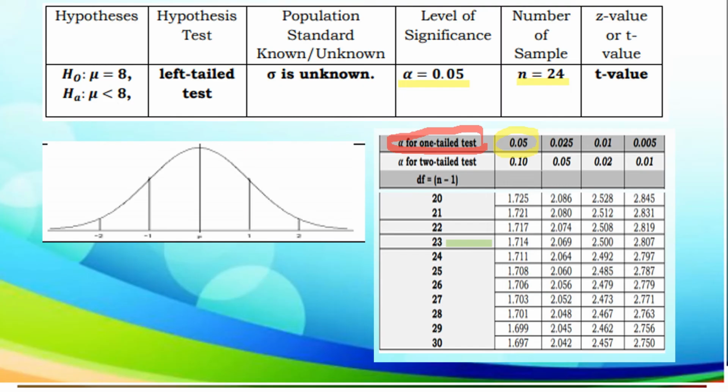Locating that using our level of significance and our degree of freedom, we arrive at our critical value, which is 1.714. Let us locate it in our standard normal curve. Since that is in the left tail, the sign will be negative 1.714. Let us now shade and identify the rejection region.